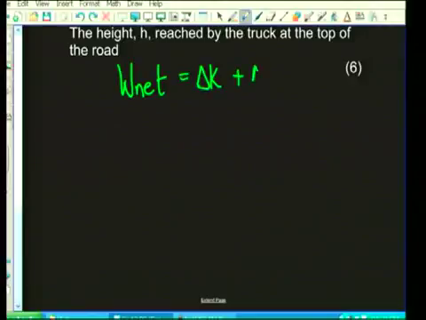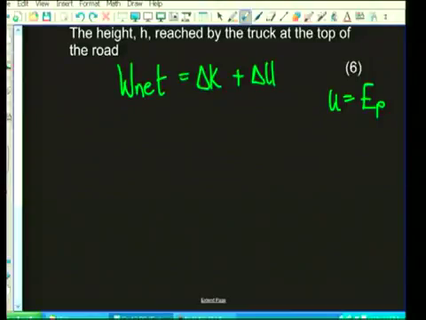So change in kinetic plus the change in potential. Remember, U is EP, it's the same thing. So my net work is equal to my change in kinetic plus my change in potential.